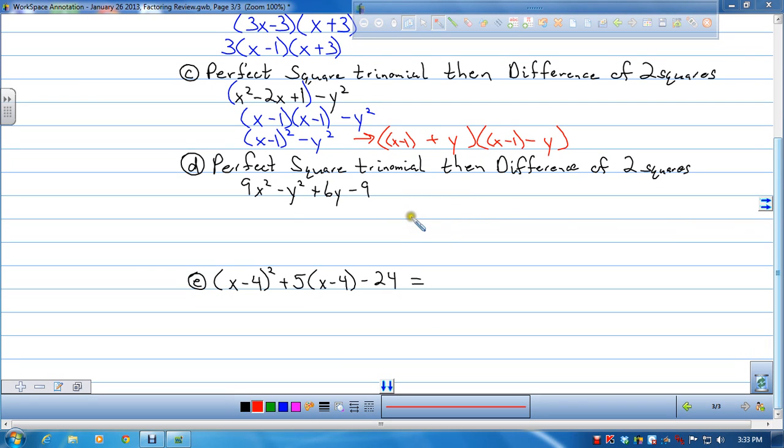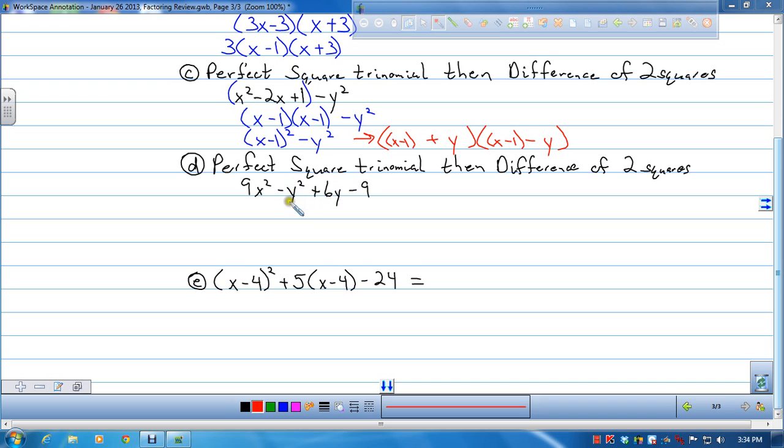Let's do that again. Right away, I look and see, okay, if I'm looking at a perfect square trinomial, I think I can separate these last three terms, right? Because I've got a y squared there and a y and then minus 9.